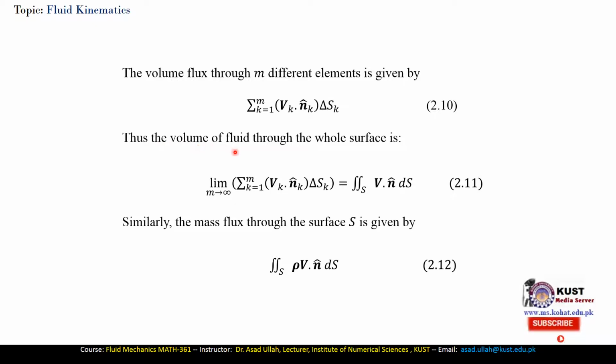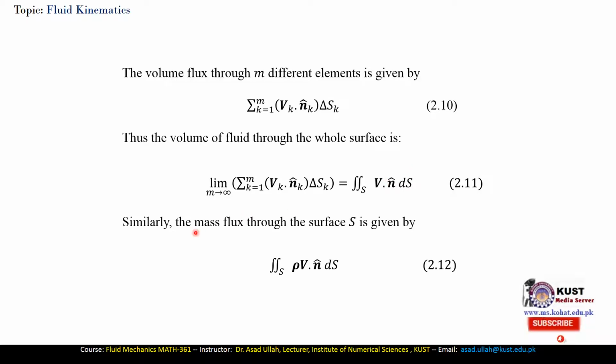So the volume of fluid through the whole surface is given by equation 2.11. Now if we take the limit of equation 2.10 as m tends to infinity, we get the surface integral of V dot n dS. So the total flux through the surface S is given by this relation, that is the double integral of V dot n dS.